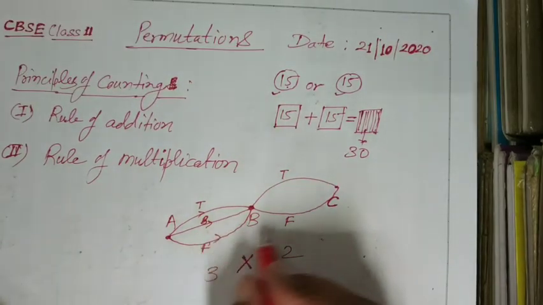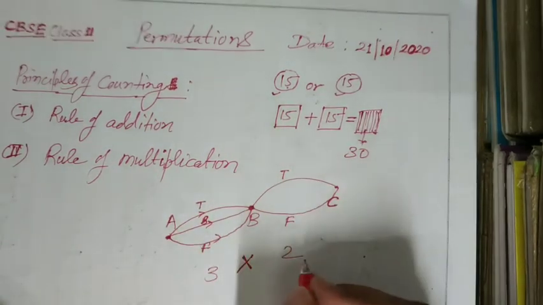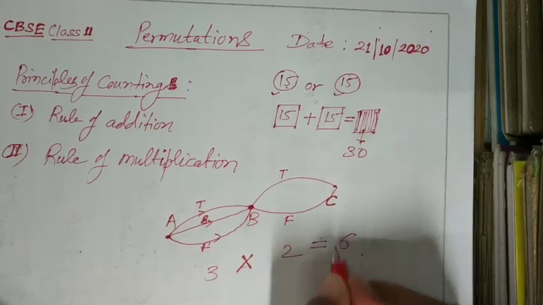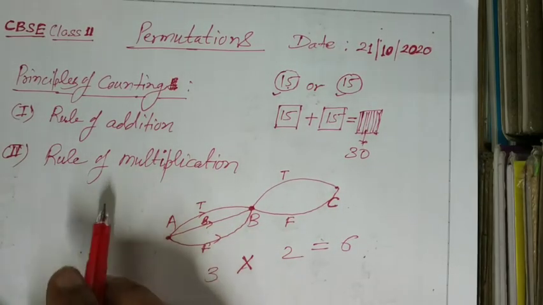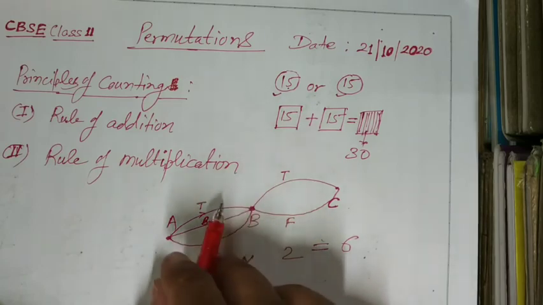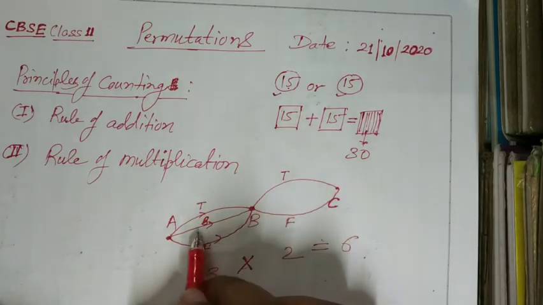So here the number of ways to reach from A to C is 3 into 2, that means 6.